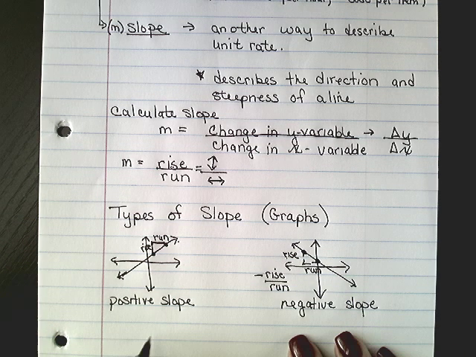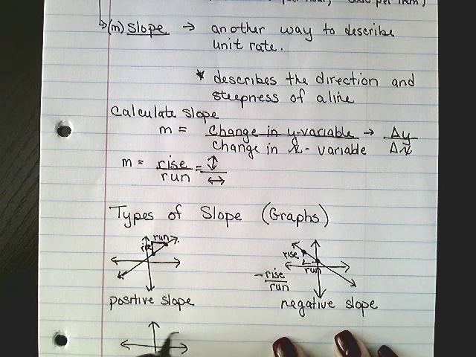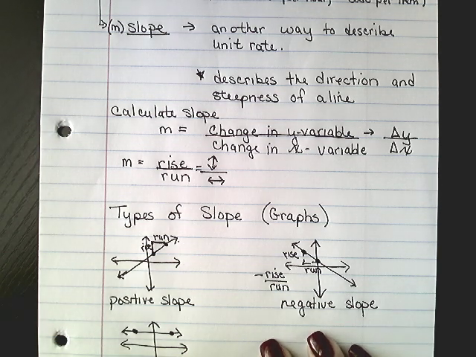All right, there are two special cases of slope. Okay, so this rise is m is equal to 0 over any number that we have, whatever the number might be.